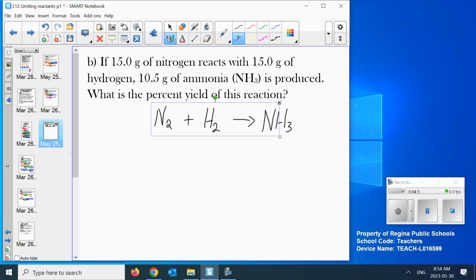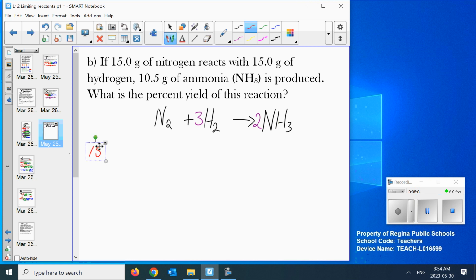I know I need an even number because both nitrogen and hydrogen come in groups of 2, so I'm going to put a 2 in front of the NH3. That takes care of the nitrogen, 2 and 2. Now we've got 2 times 3 hydrogen on the product side, so 3 times 2 on this side. Now it's balanced. Now I can convert to moles.